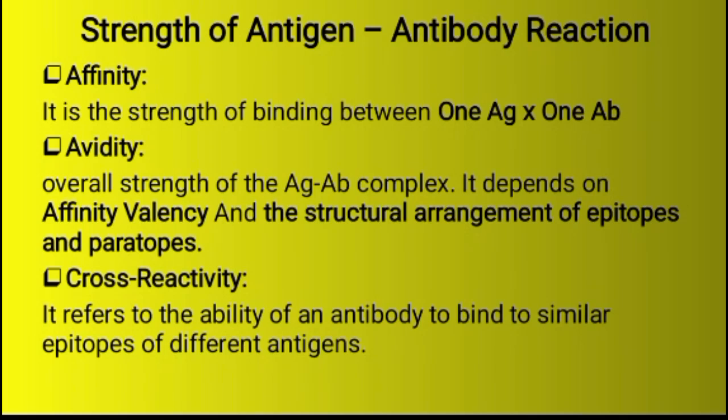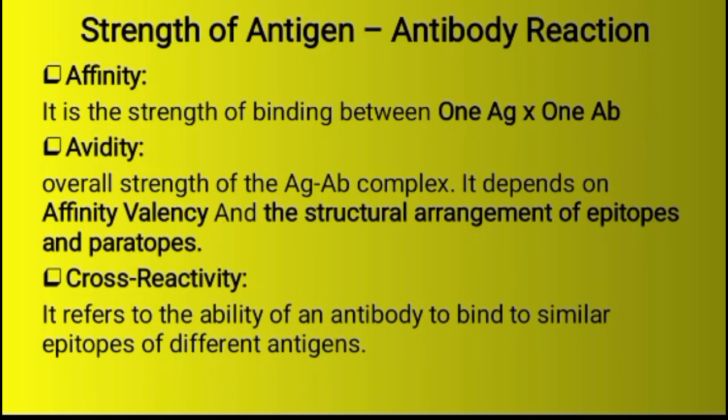Then number 2, there is avidity. Avidity is the strength of binding between many antigens and many antibodies. So the overall strength of the antigen-antibody complex is called avidity. It depends on the affinity, valency, and the structural arrangement of the epitopes and paratopes.